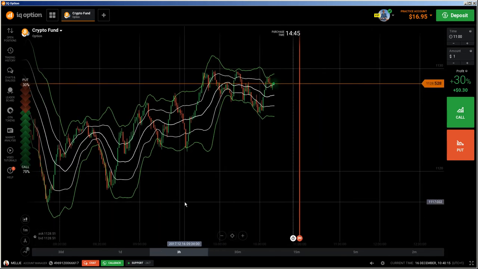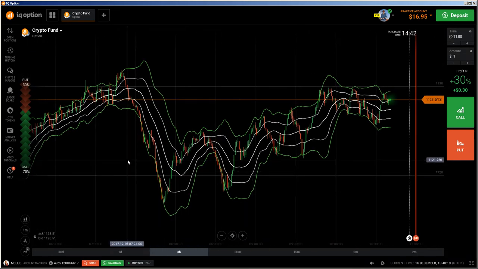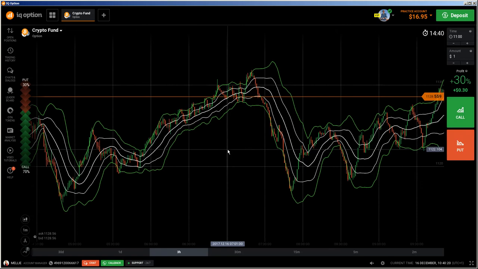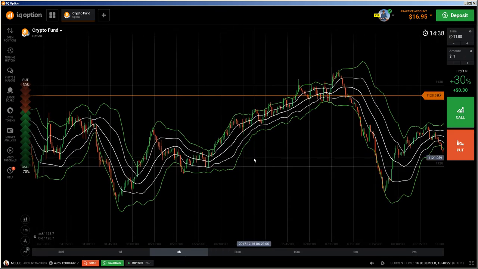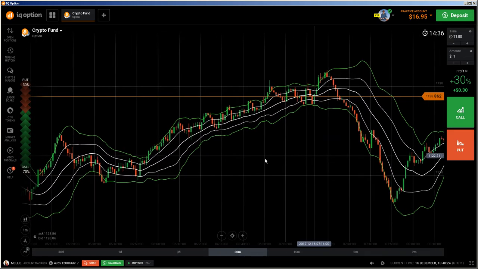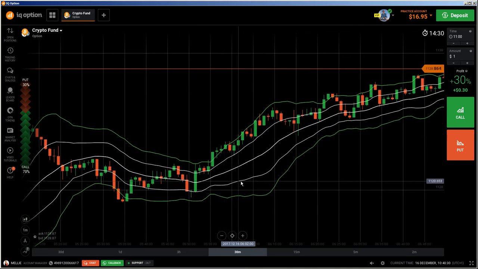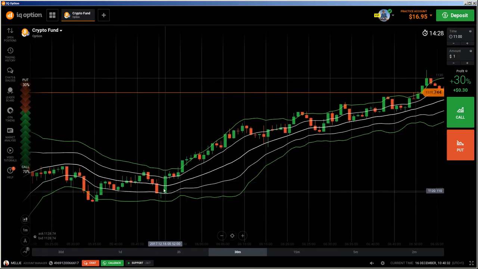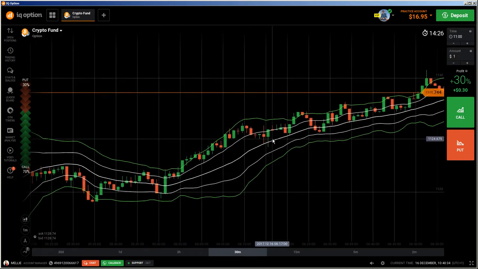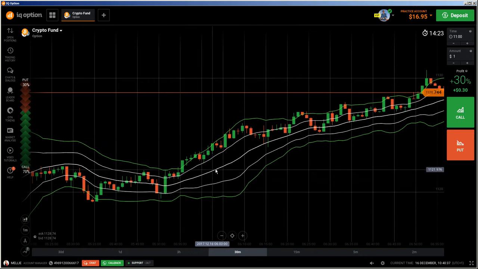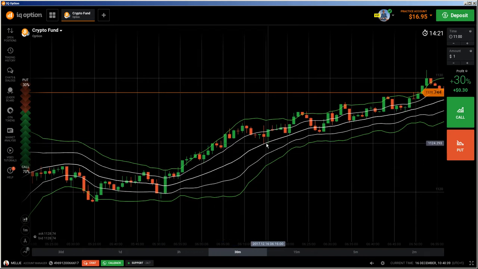Okay, so what else does the Bollinger Band tell you? The Bollinger Band tells you a lot about trend. Like I told you in the last video, when the price is above the middle Bollinger Band, it doesn't matter if it is one deviation or two deviations, it's not important.